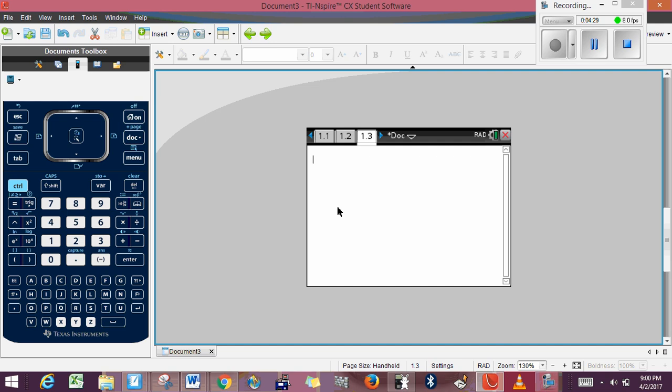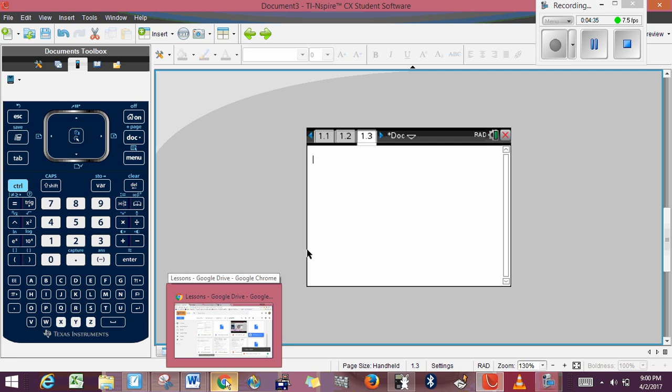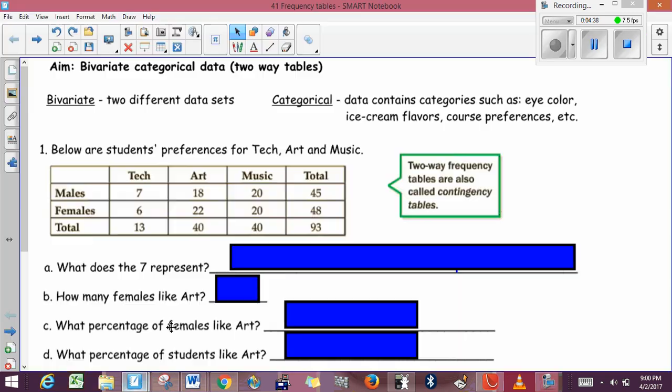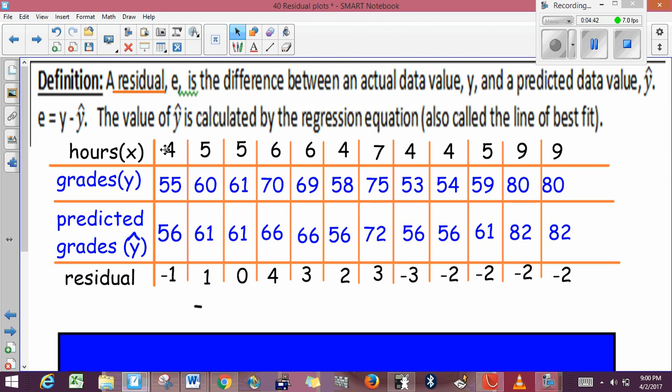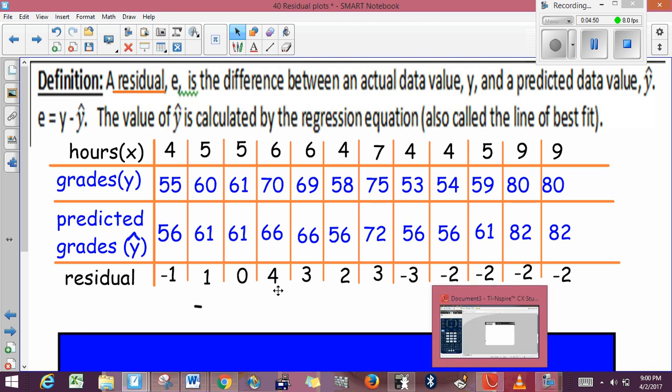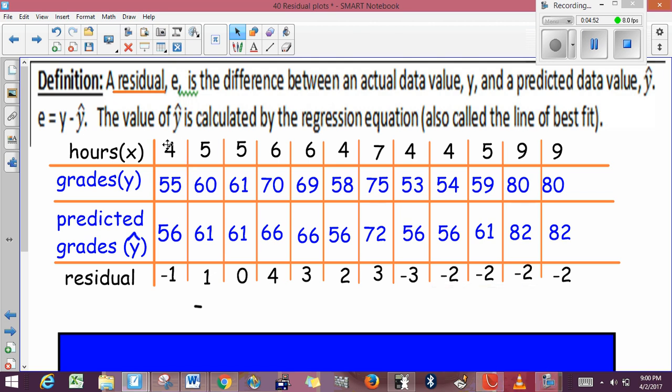So remember now, the equation is stored in F1. So if I wanted to see what the prediction is for, let's say, oops, wrong lesson. For when X is 4, I want to see what the prediction is. I know the actual Y value is 55, but the prediction is going to be 56. And that is when the calculator takes this X value and plugs it into the regression equation, it'll get that.